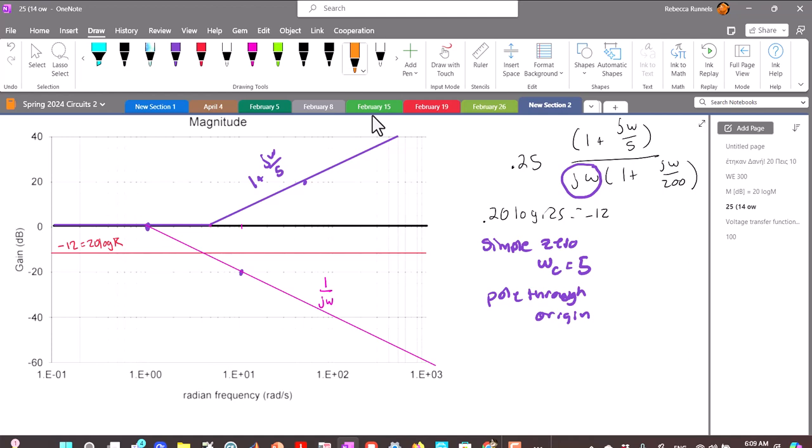So for the simple pole, omega c equals 200. So here is 100, so here is 200, and it has a slope of minus 20 decibels per decade.